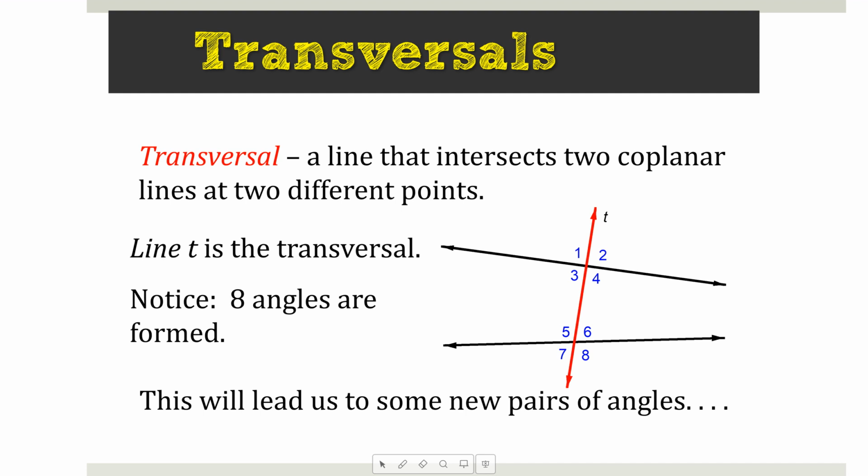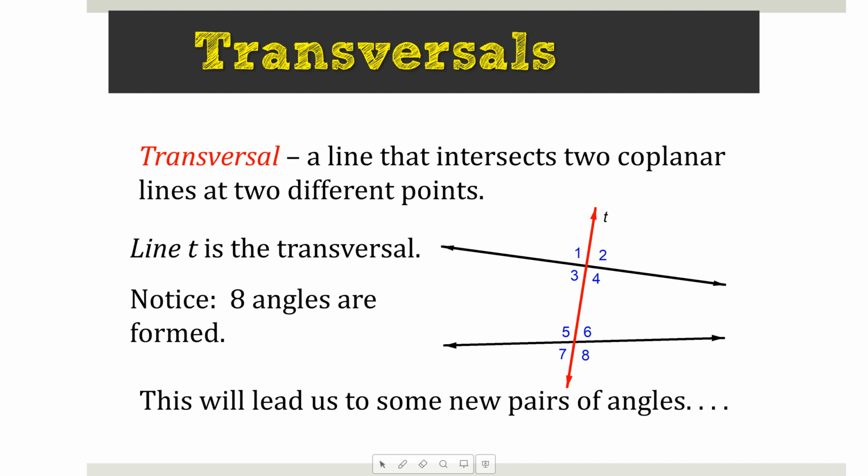Vertical. Vertical and one more. Anybody else? Fifth pair? Linear pair. Okay. Linear pair, adjacent and supplementary. Supplementary add up to 180, complementary add up to 90. Vertical across from each other, equal, adjacent next to each other.